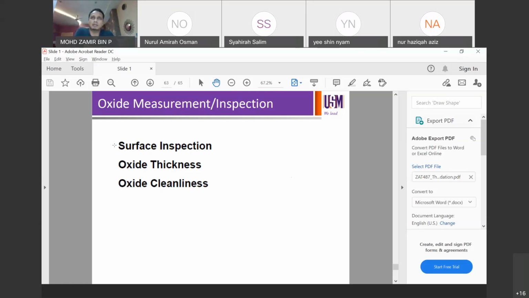It can even be incoming particles from a previous process before you actually run the oxidation. So that's why you need to do the optical surface inspection to make sure that your surface is clean and the particle count is less than the spec.